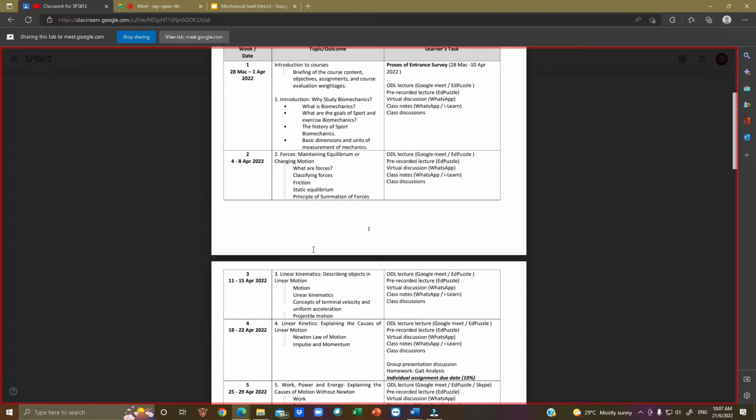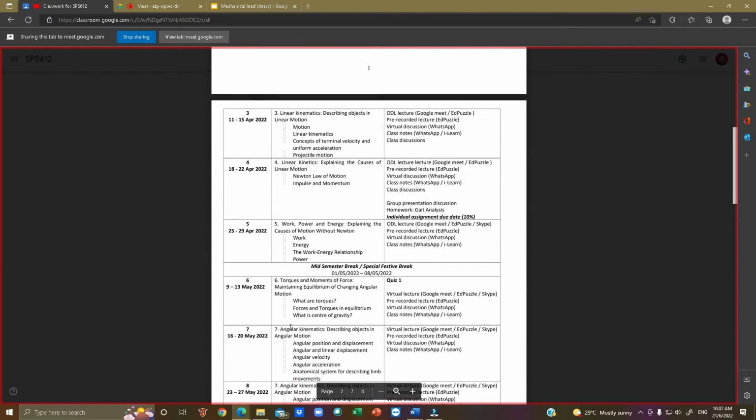Then we go to linear kinematics, where we have velocity, acceleration, displacement, and some calculation on that. Linear kinetics has an introduction to the mechanical basis of human motion, which is Newton's laws. The first three Newton's laws, then the impulse momentum theorem, the calculation that relates impulse and momentum, where increasing impulse increases momentum and vice versa.